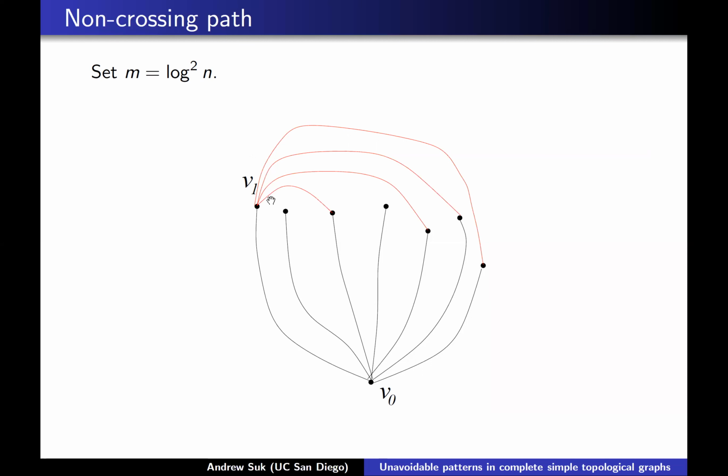Meaning I can find m edges emanating out of V1 in this counterclockwise direction, where this edge goes here, and then this edge goes further, and this edge even goes further, and so on. If there are m of these edges, then what I get is actually a planar K_{2,m}, where these are the two vertices, and then I have the m vertices here.